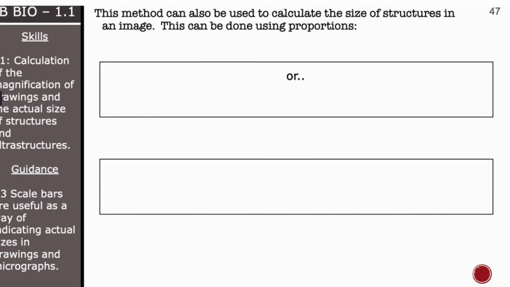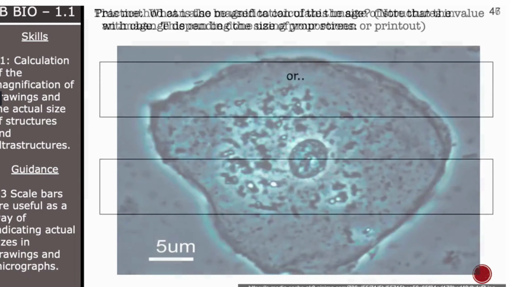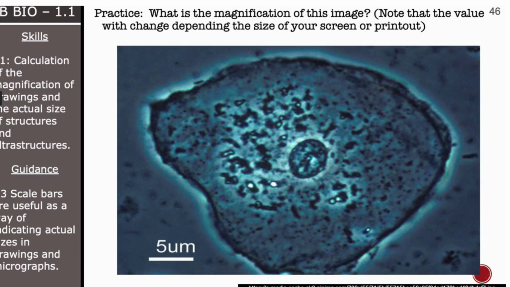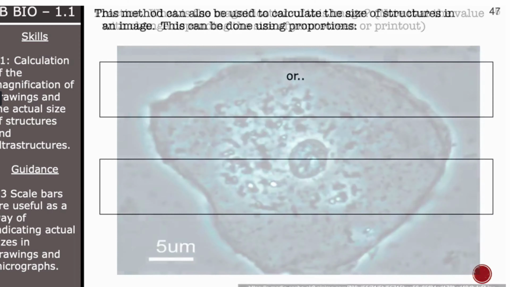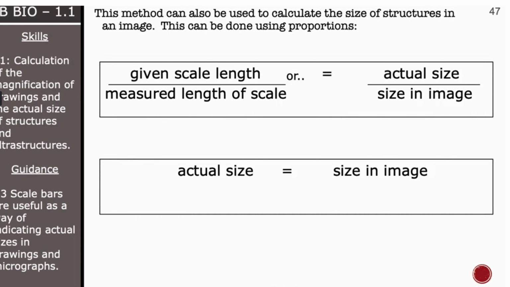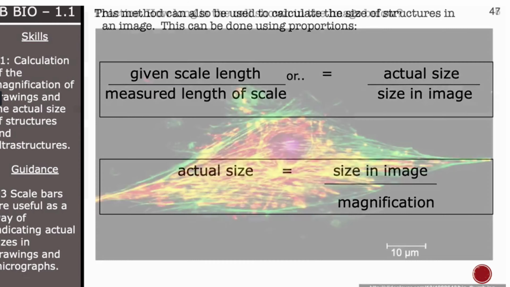Then we take the magnified size and divide it by the scale bar's actual size, 5 micrometers, and we get the magnification. Actual size is equal to the size in the image divided by the magnification, or if you want to find the magnification, you take the size in the image and divide it by the actual size.